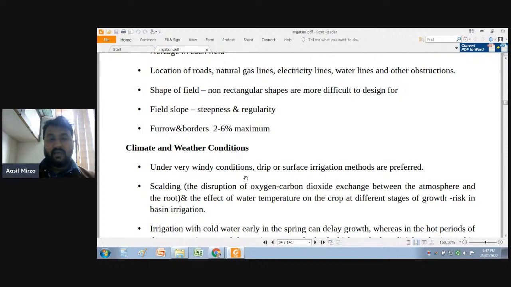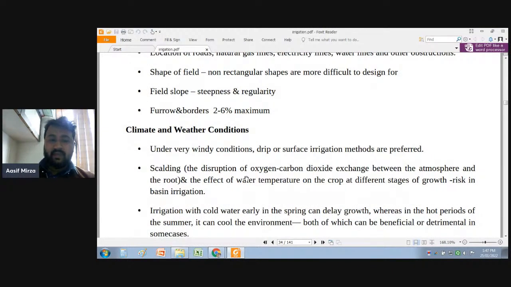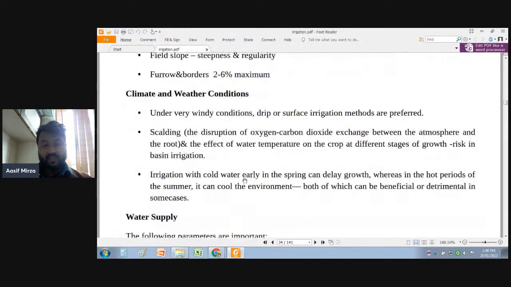Scalding, the disruption of oxygen and carbon dioxide exchange between the atmosphere and the roots, and the effect of water temperature on the crop at different stages of growth are risks in basin irrigation. Irrigation with cold water early in the spring can delay growth, whereas in the hot period of the summer, it can cool the environment, both of which can be beneficial or detrimental in some cases.